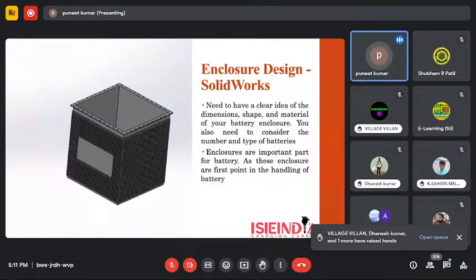Suppose if you are in the two-wheeler EV space, then most probably you will be doing a plastic mold, and you will be using plastic as the enclosure material. For autos and three-wheeler EVs, we generally go for metal, and between the metal we use FR4 or FR5 sheet for insulating them completely.